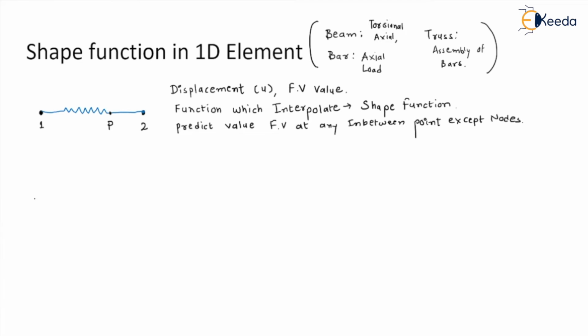First is the local coordinate system. Second is the natural coordinate system. And last is the global coordinate system.